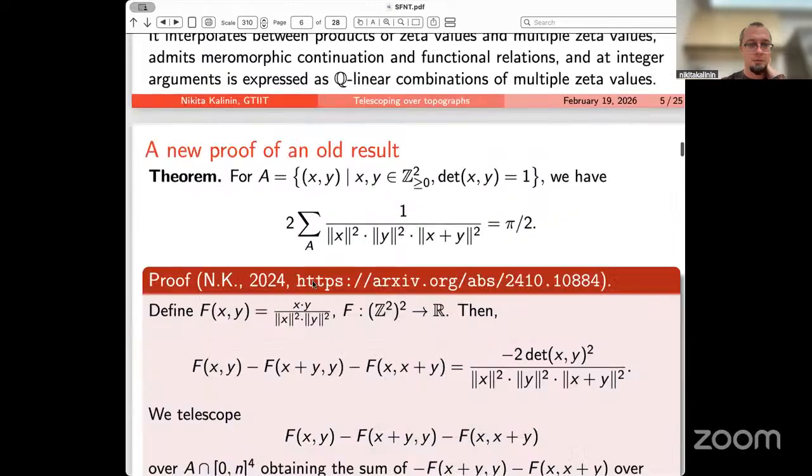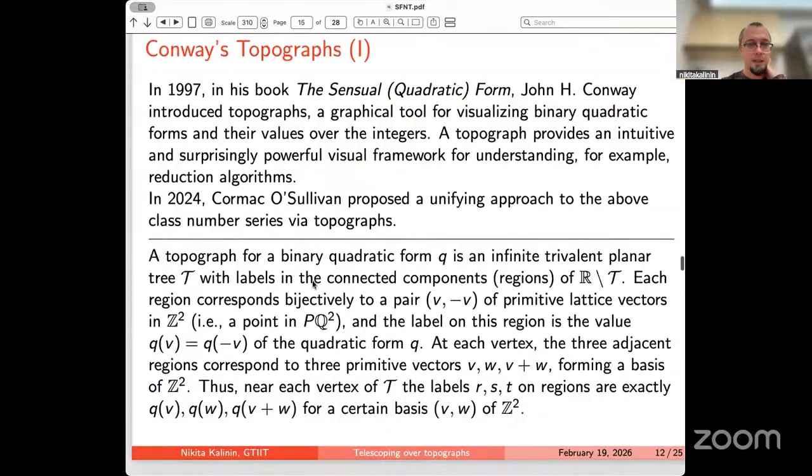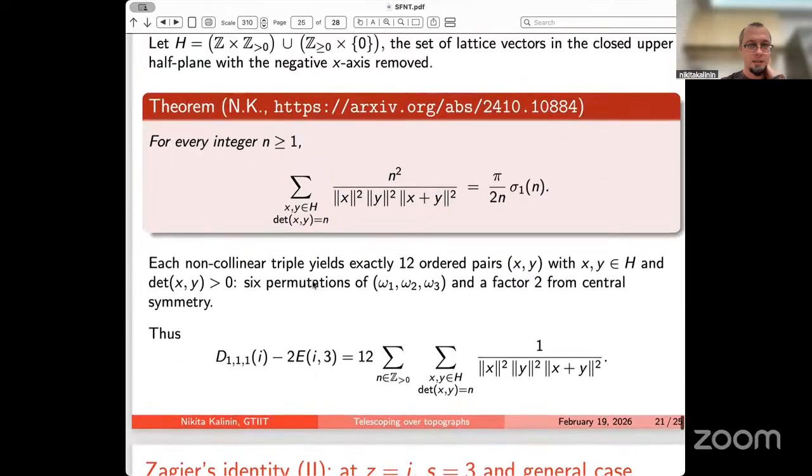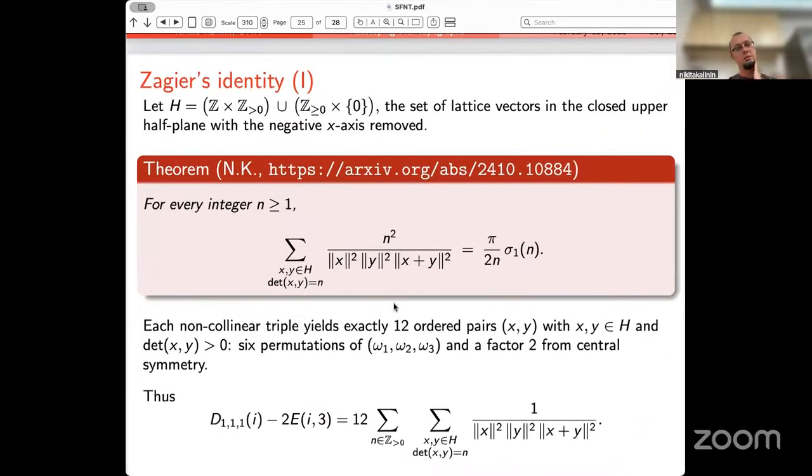So how do you do it? Let's see. Again, you consider the pair of vectors in the upper half plane such that the determinant of xy is n. You can classify all the lattices with determinant n, and there are exactly sigma 1 of n such lattices.